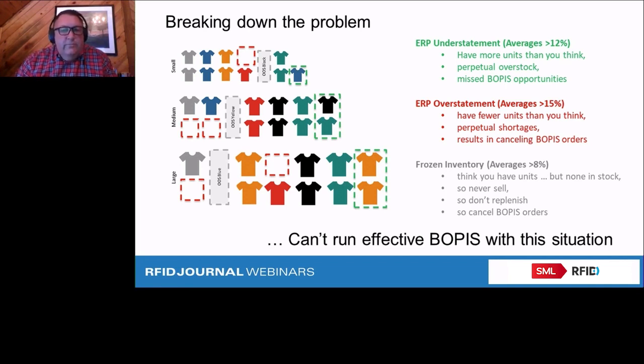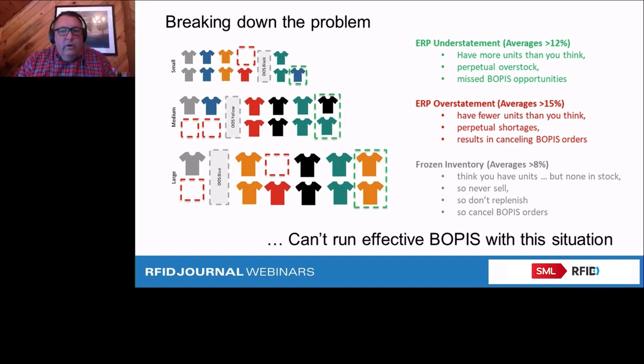And again, both of these situations come out of problems associated with that physical count and also with the receiving process in the store. And it just cascades over time. And again, the problem here is that you have perpetual shortages and you have canceled orders once you've placed BOPIS orders for the store or click and collect.